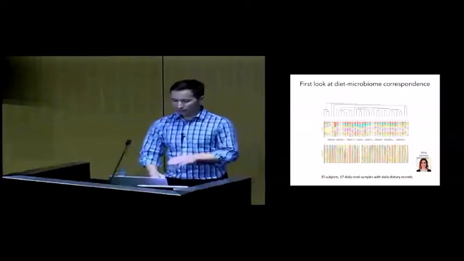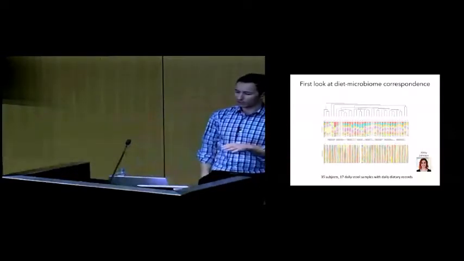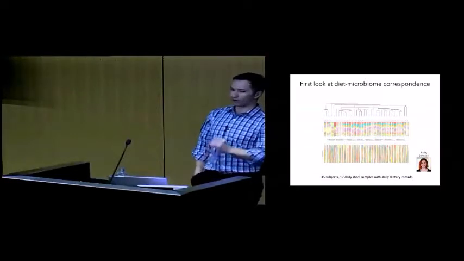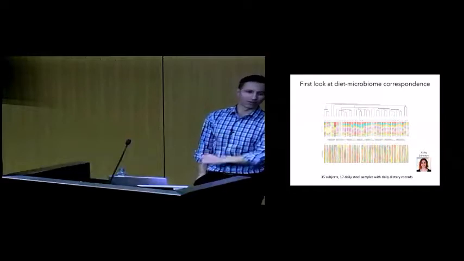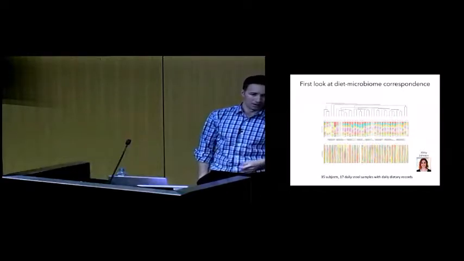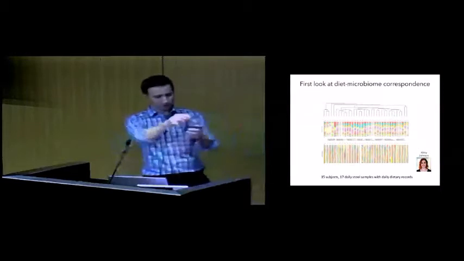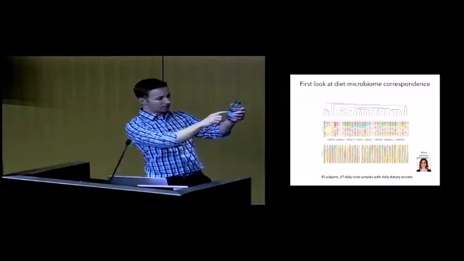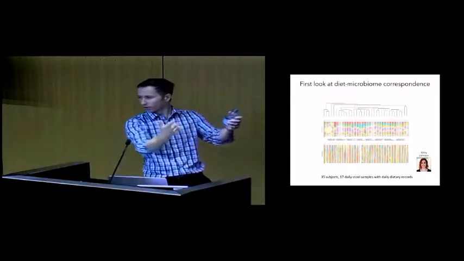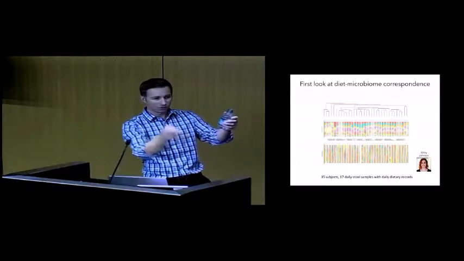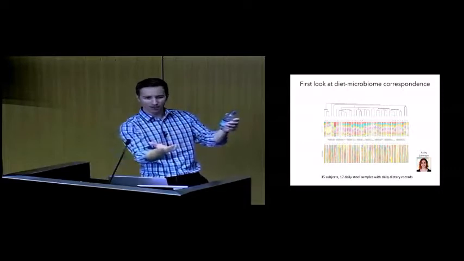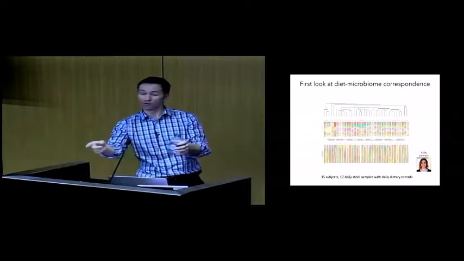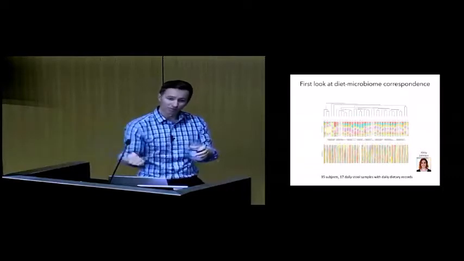So we started off just doing the simplest thing, something that's been done in other microbiome studies. Let's take the nutrients from people's diets and find out if it tells us what their microbiome is. By nutrients, I mean literally, look at the nutrition label on all these foods, and we're going to look at sodium, protein, saturated fat, these sort of boring things, and ask whether your average nutrient profile predicts what your average microbiome profile is.